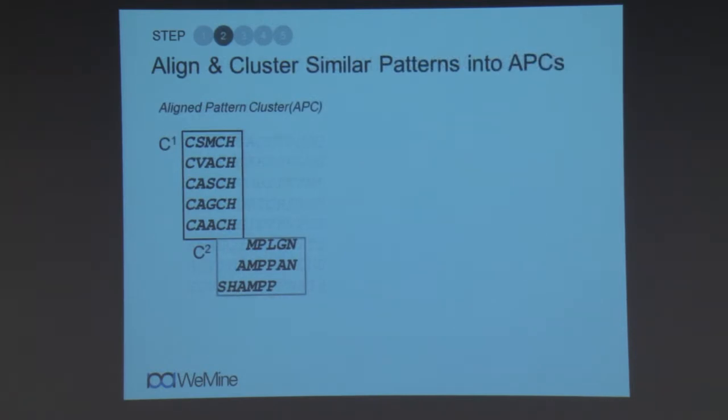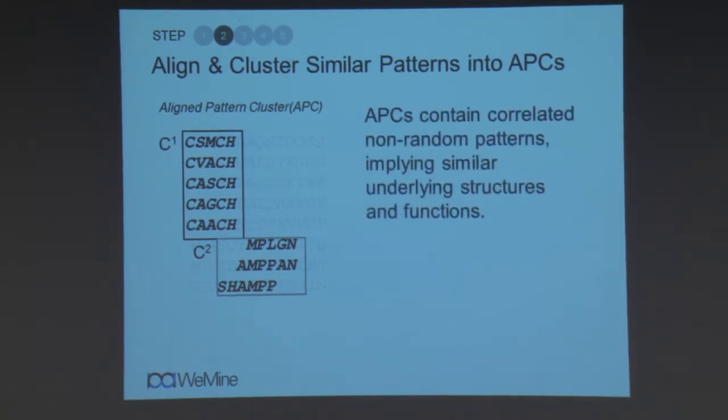By alignment, it means we bring them into a common functional framework so that we can see the commonality among these patterns. And then the APC contains correlated, non-random patterns implying similar underlying structure and function. And later we found out that, yes, it did relate back to the structure and function of the molecules.